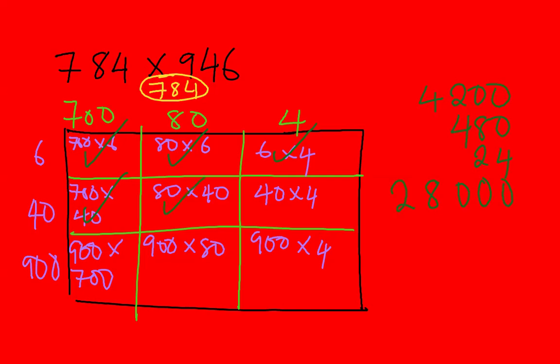Now that is going to give me 3,200. That is going to give me 160. Good. Now this is going to give me 63. So let me put the 4 zeros first, 1, 2, 3, 4, and then 63.